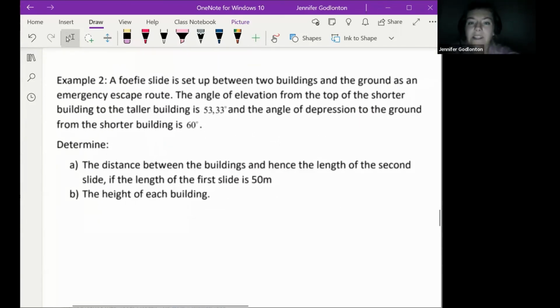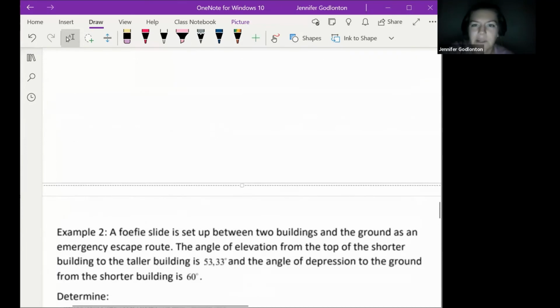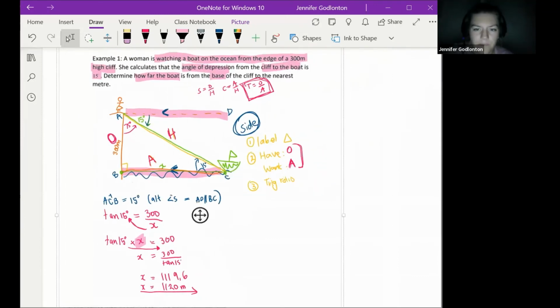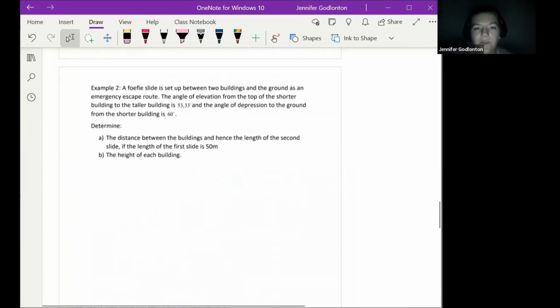Okay, a foofy slide. Does everyone know what a foofy slide is before I carry on? Yes? No? Okay. A foofy slide is like a, what else would you call it? Like a zip line, ma'am. Yeah, it's like a zip line.